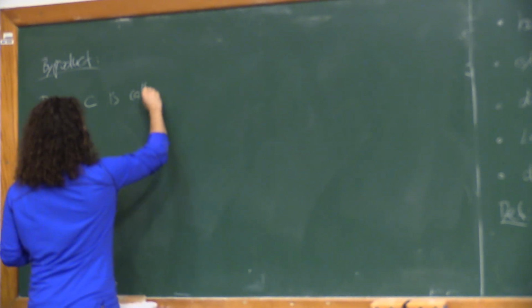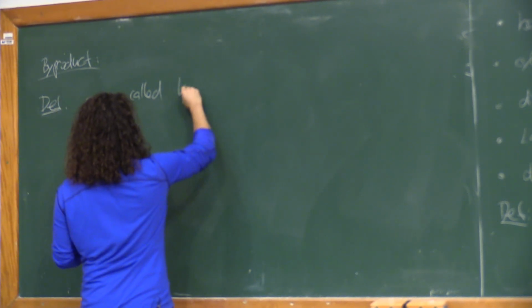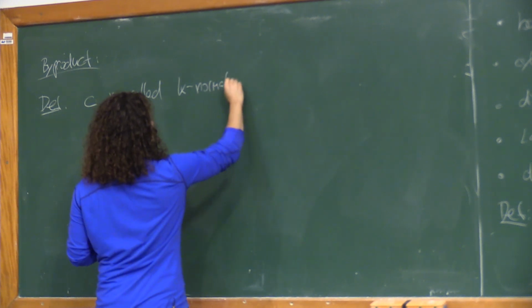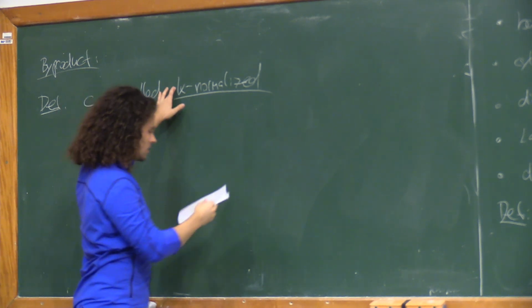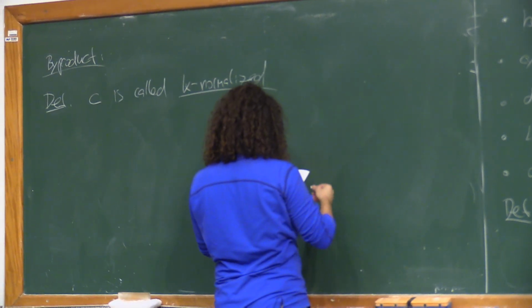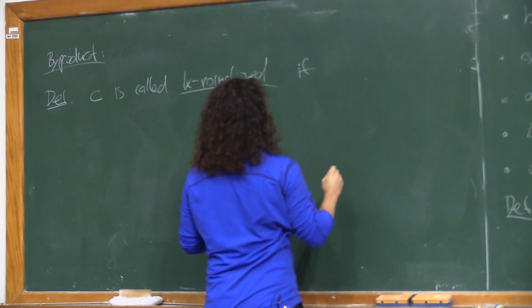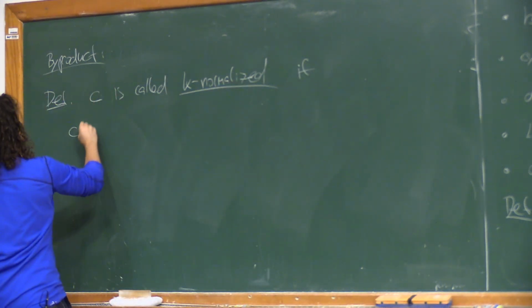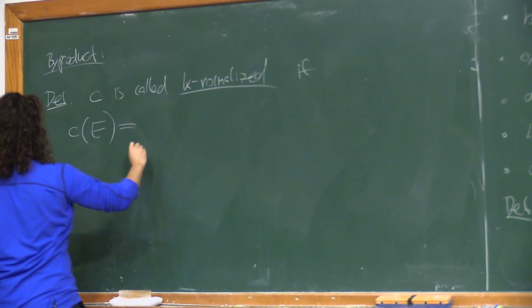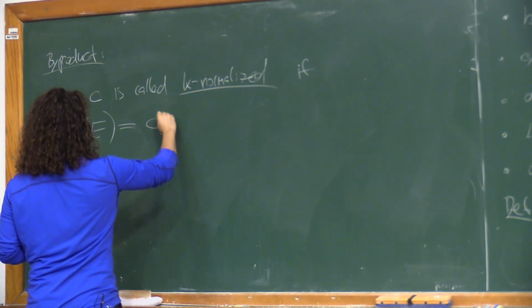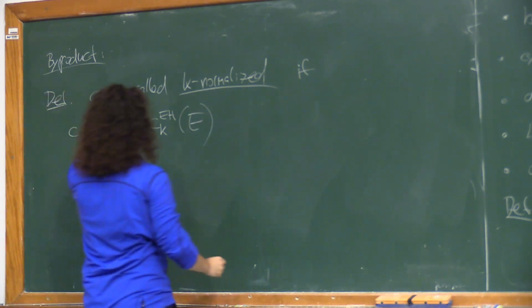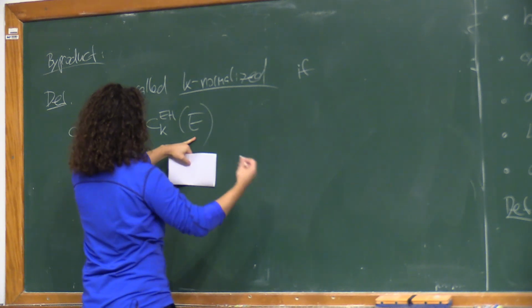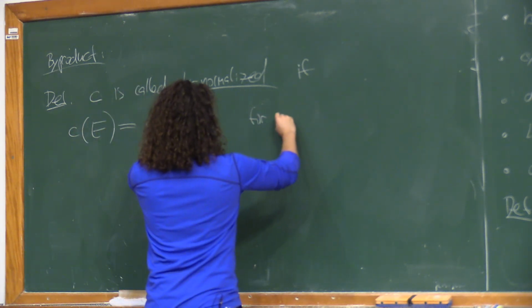So a capacity c is called k-normalized, where k is some positive integer, if the capacity of E equals the kth equivariant Hofer capacity of E, for E ranging over all ellipsoids in our dimension.